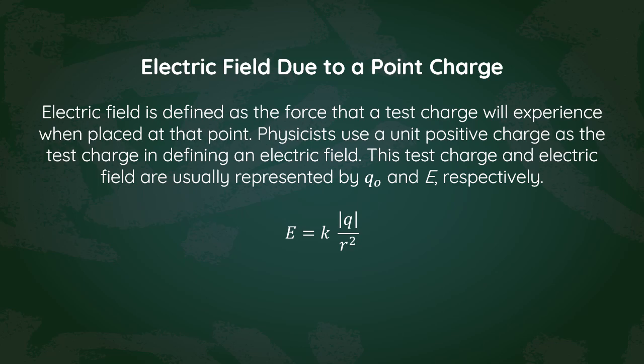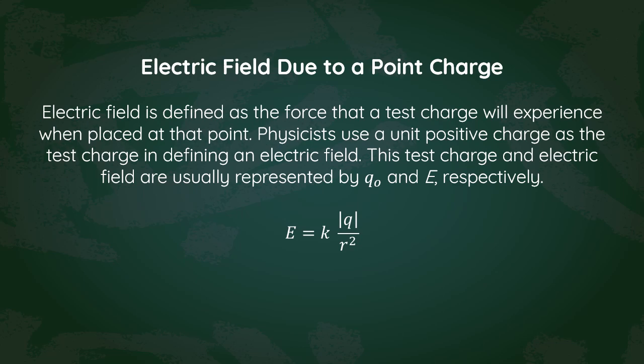Physicists use a unit positive charge as the test charge in defining an electric field. This test charge and electric field are usually represented by Q sub 0 or Q0 and E respectively.